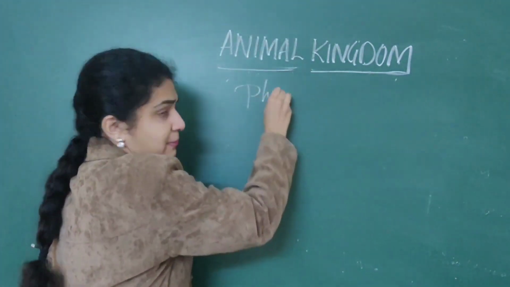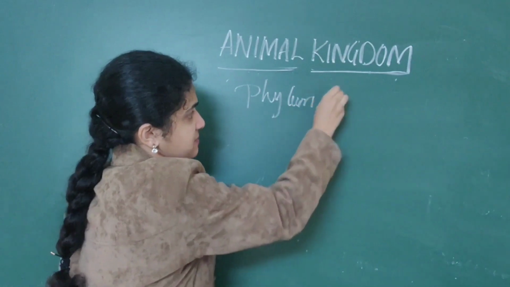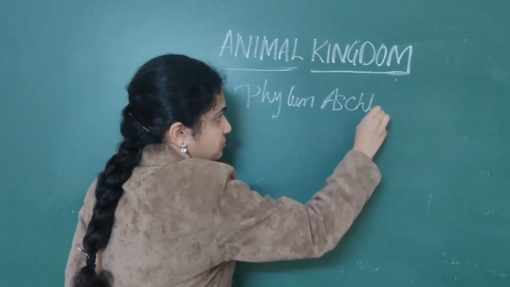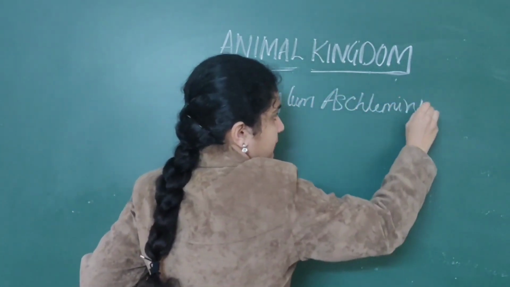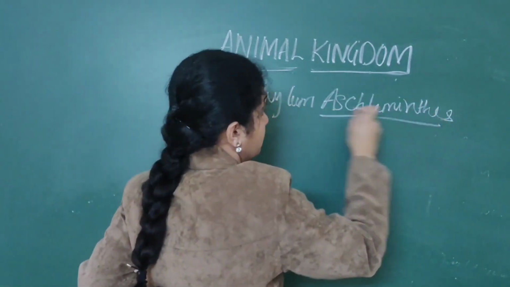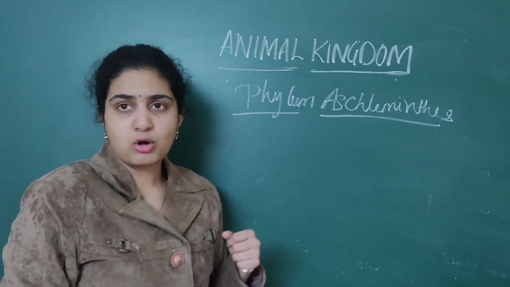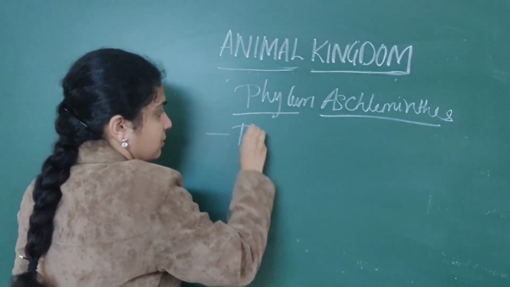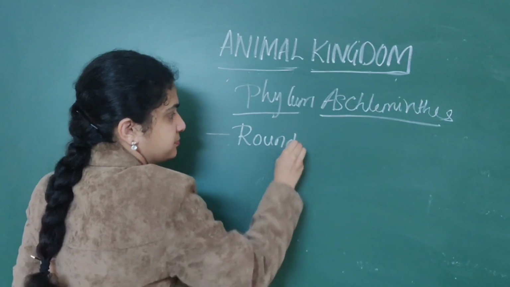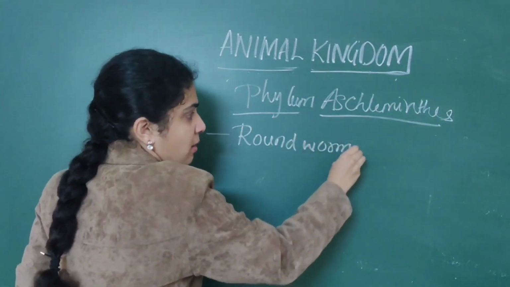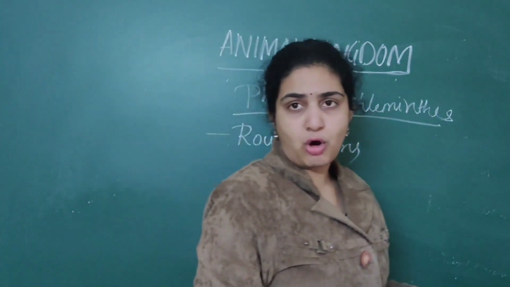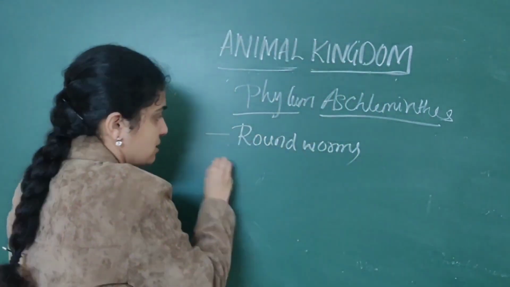So today we are going to deal with the phylum called Aschelminthes. Aschelminthes are also called roundworms because they exhibit a special property, that is, they are circular in cross section.